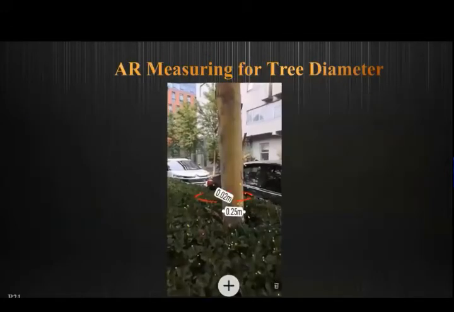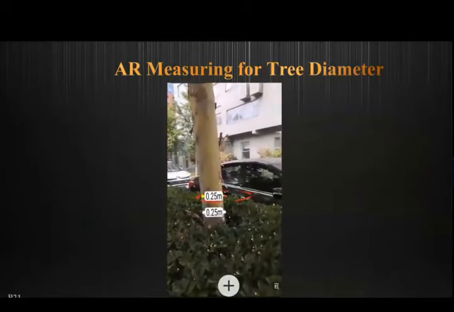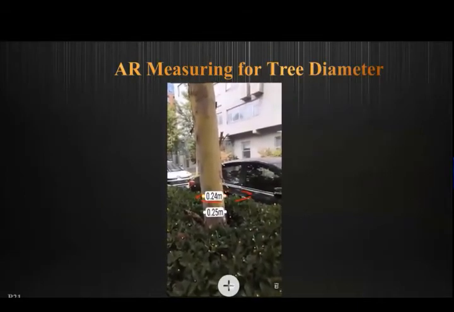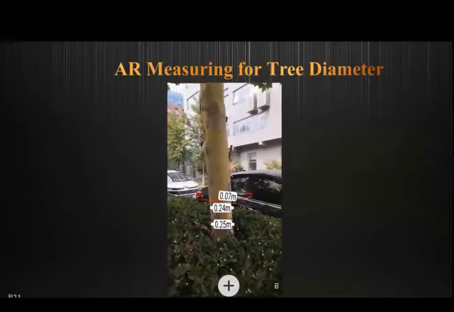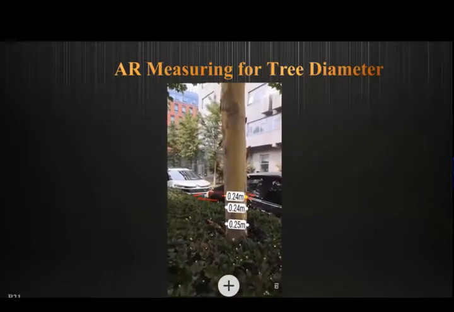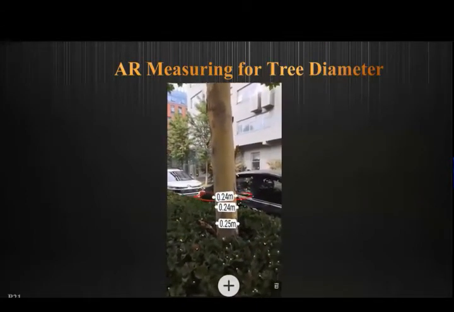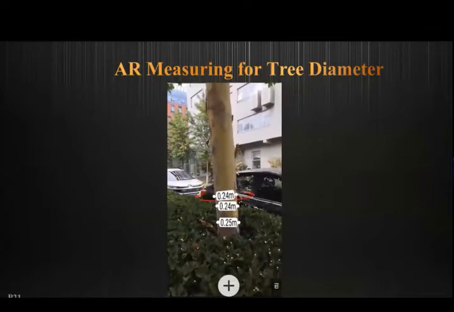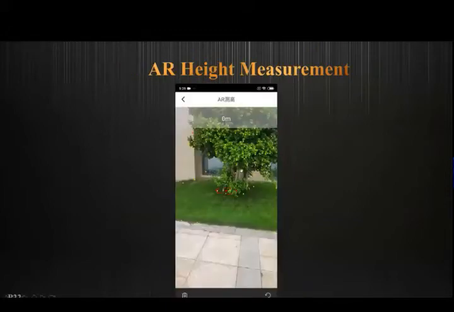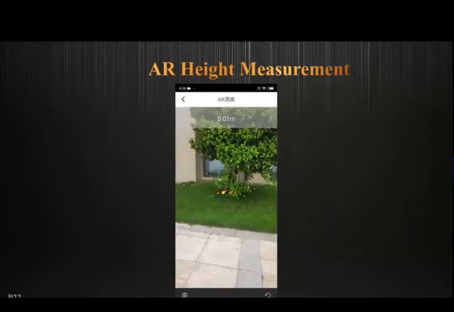So to solve these two problems, AR measurement could give you the chance to do some simple surveying work. For example, this is a measurement of tree diameters, and you can see it can measure the tree diameters accurately. And the second is to measure the height of the tree.